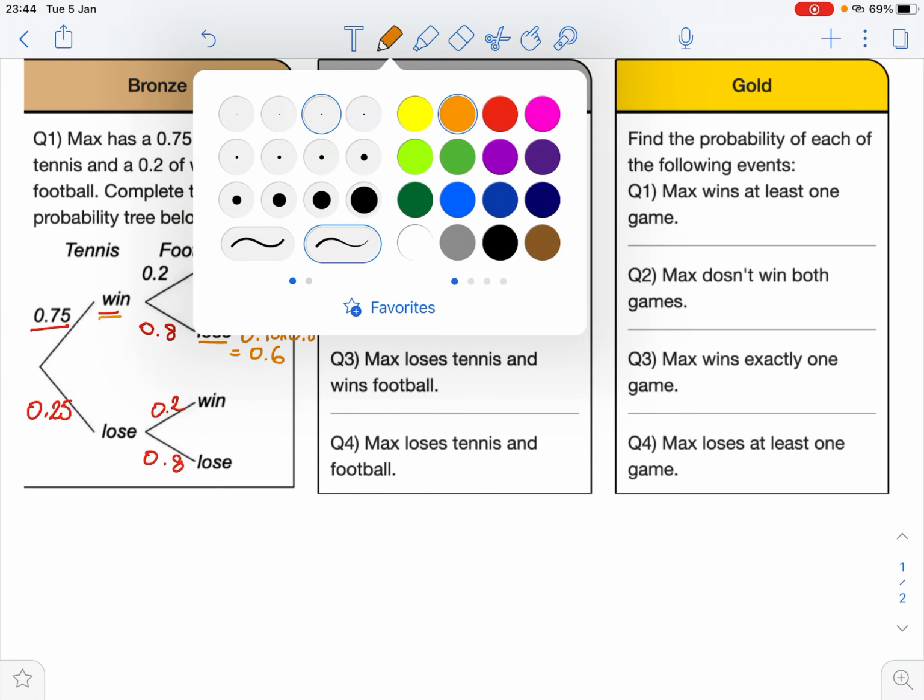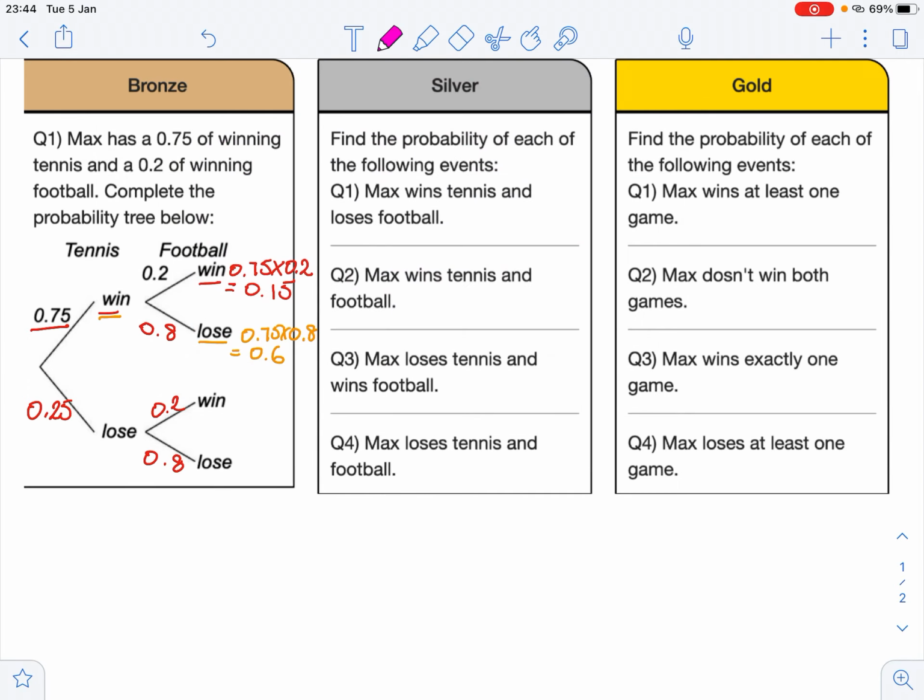Then we look at the probability of Max losing tennis, then winning football, which is 0.25 multiplied by 0.2. Remember, this is him losing tennis and winning football, so we use multiply in probability. So 0.25 multiplied by 0.2 equals 0.05.